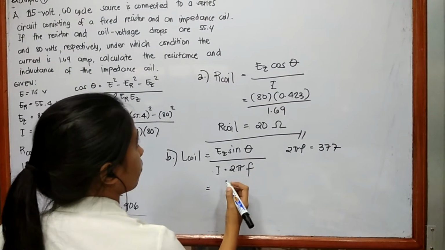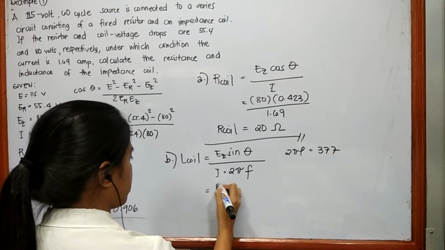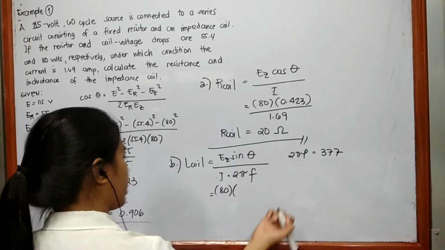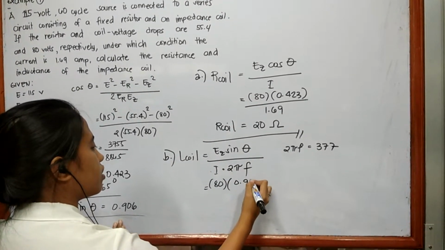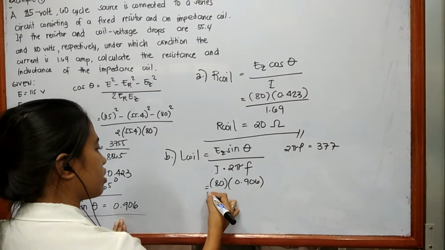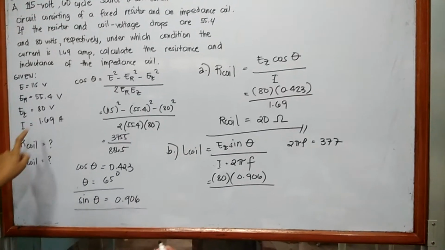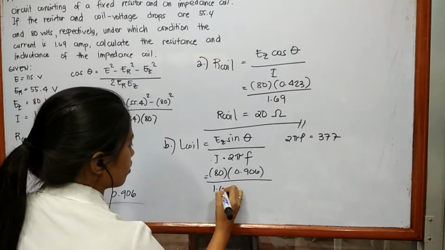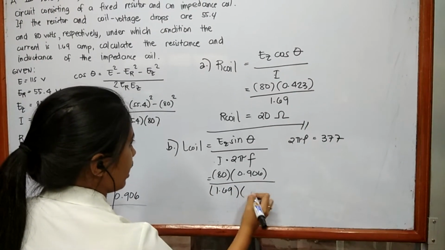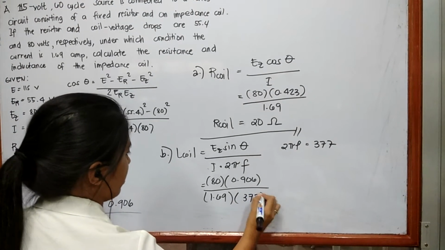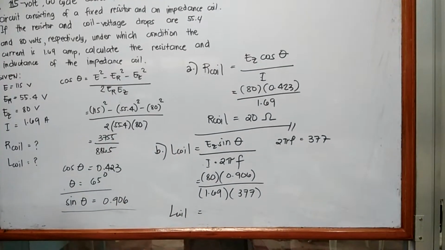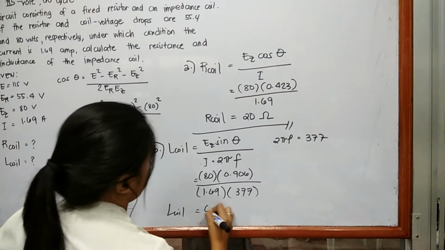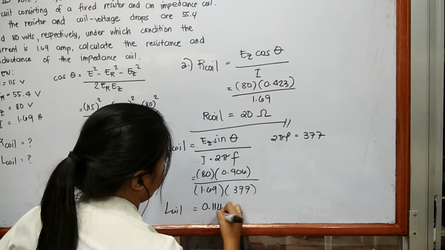So EZ, which is 80, times sine of theta, 0.906, all over I, which is 1.69, times 377. So L coil is equal to 0.114 henry.